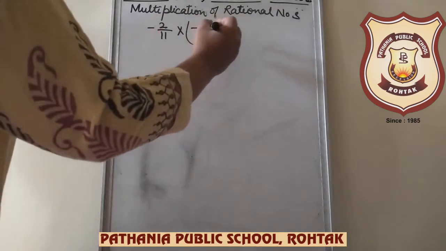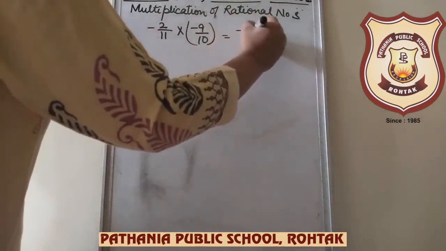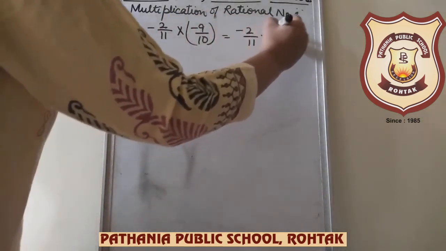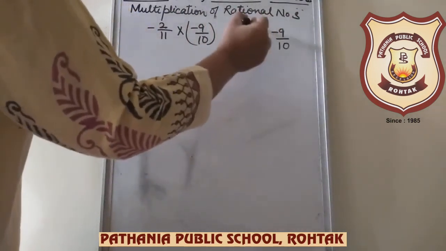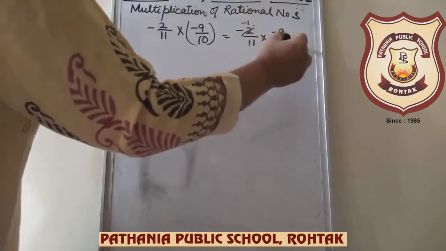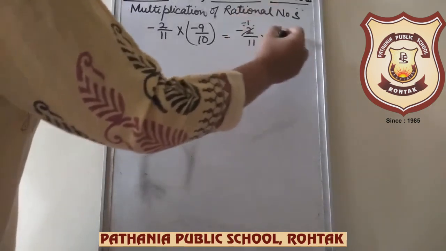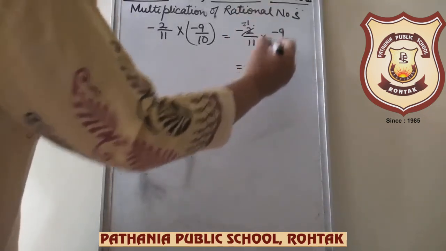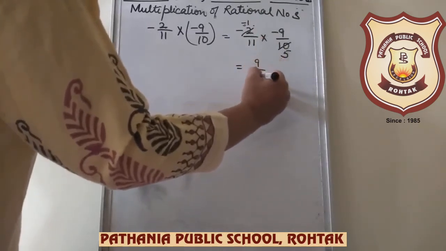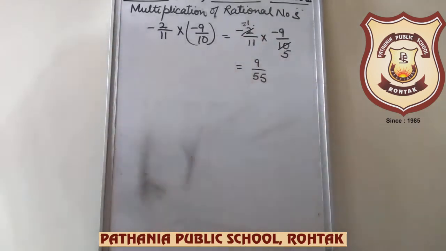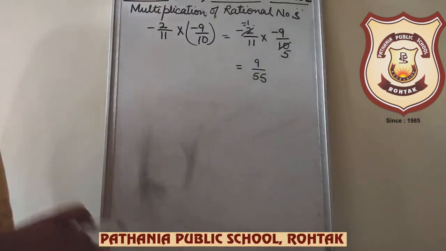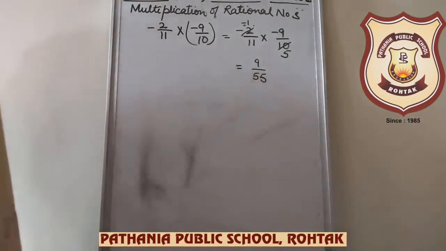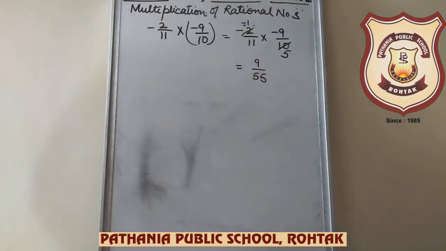So write it, minus 2 upon 11 multiplied by minus 9 upon 10. Now these two can be reduced. This will become minus 1 and this is 5. Now multiply the numerators. Minus minus plus 9 upon 55. Is this clear? Okay. So in this manner you can solve it. Got it?